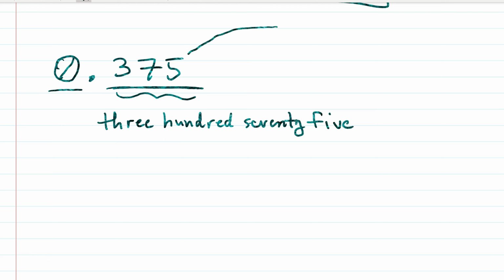You always look at the last number and say what is the decimal place for that last number. Well, the 3 is in the tenths, the 7 is in the hundredths, and the 5 is in the what? The thousandths. Correct.